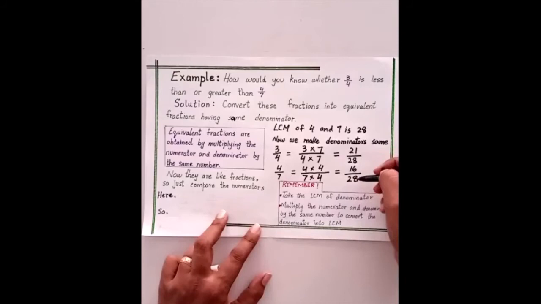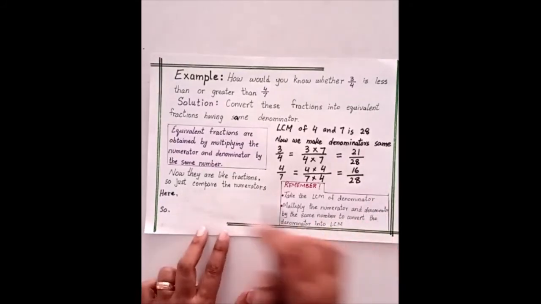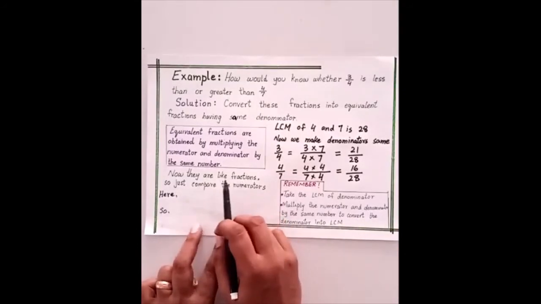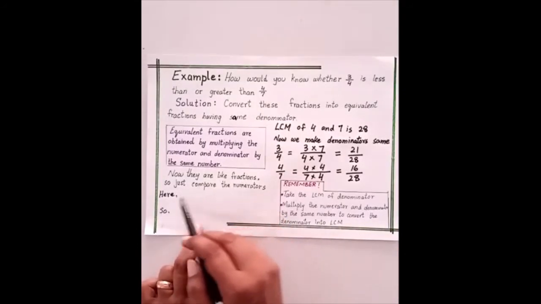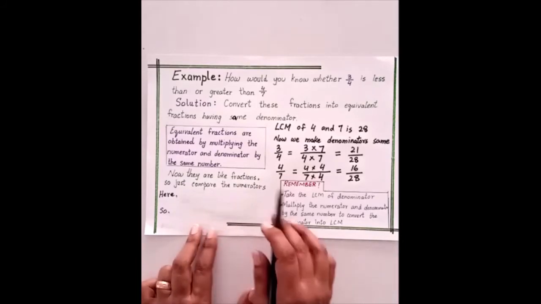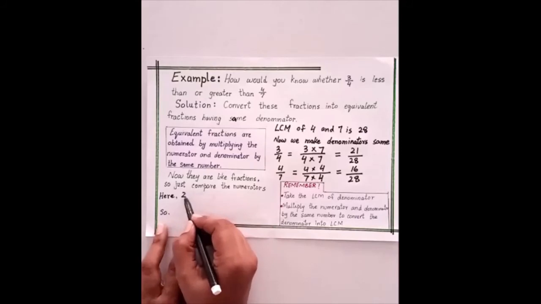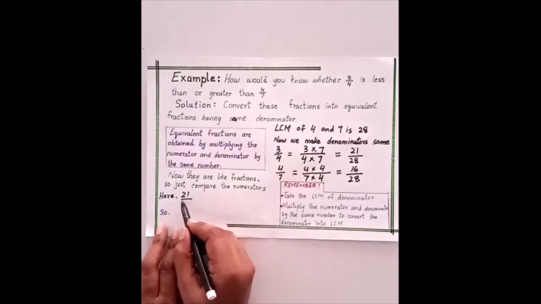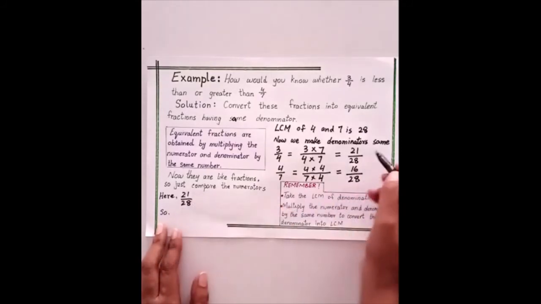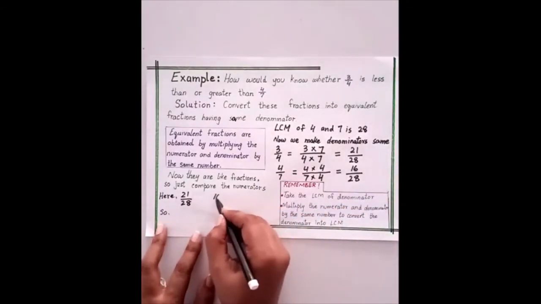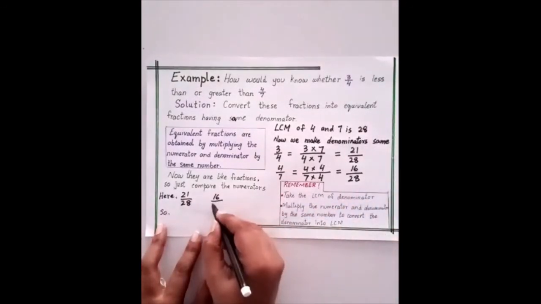The denominators are same, 28 and 28. Now they are like fractions. So just compare the numerators. We will write the numbers over here, 21 upon 28, and the second one is 16 upon 28.